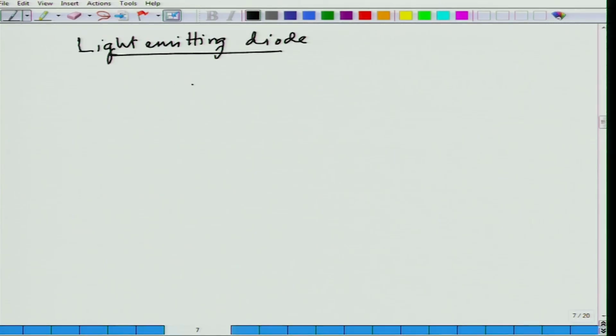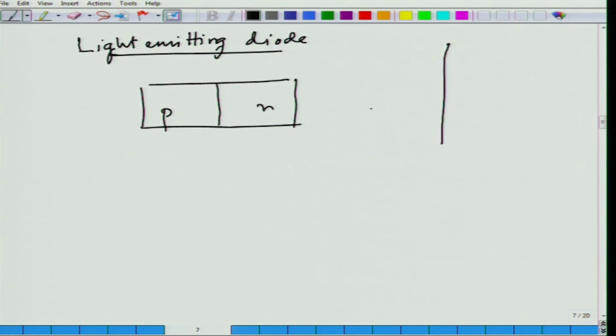In this case, in the p-n junction, when I have sufficient forward current, I have a large number of carriers going in this direction, more electrons and more holes going in this direction.